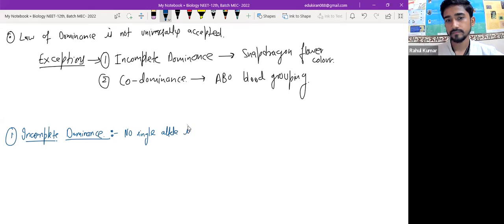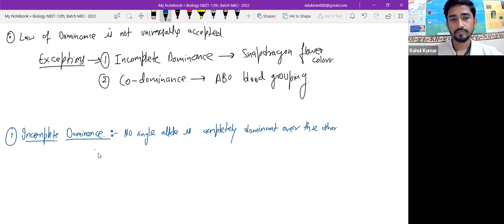Okay, so no single allele is completely dominant over the other one in a heterozygous condition.